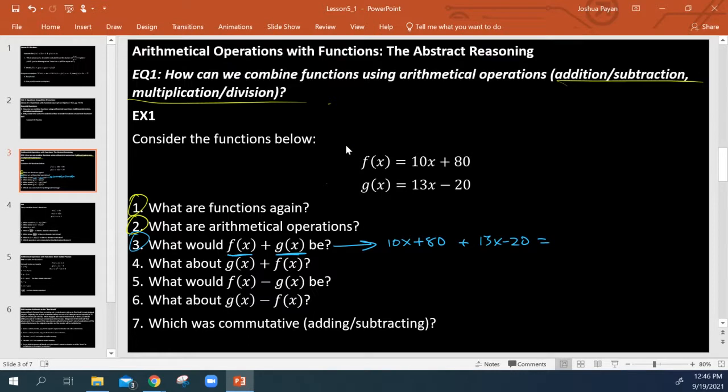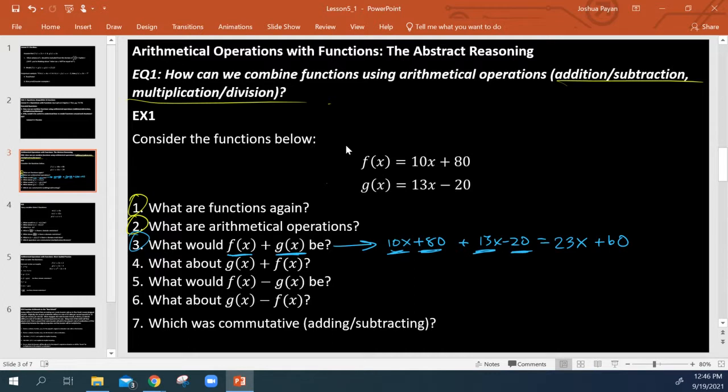So right now, it just comes down to combining like terms, something that we're really good at already from all the elimination and substitution we've been doing with solving systems. So 10x, 13x, they're like terms that can be combined. We can say that that's 23x in total, plus 80 minus 20, so that leaves me with plus 60.